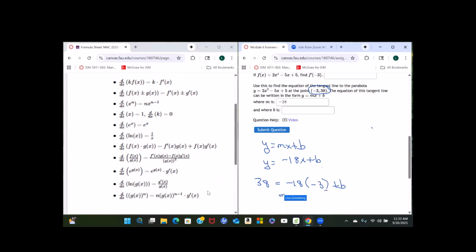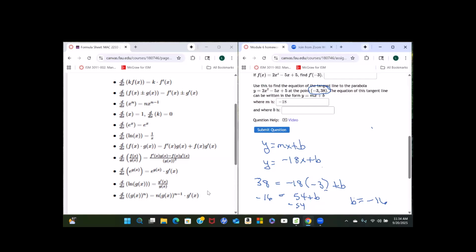This is 54 plus b. I subtract 54 from both sides and I get minus 16, I think, equals b. You guys should check me on that. I did that really fast. I wouldn't trust that number, but I want you to see what I did.